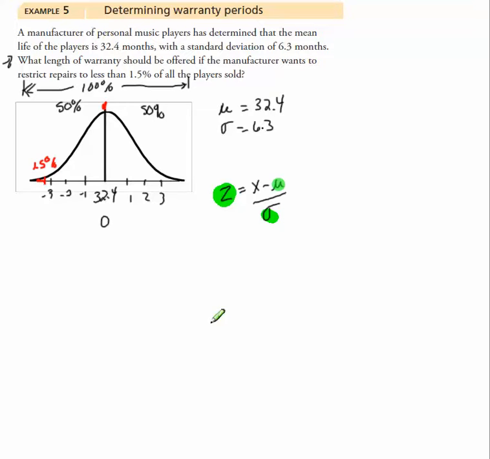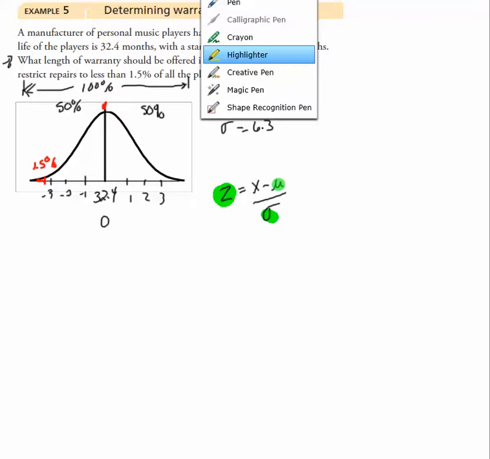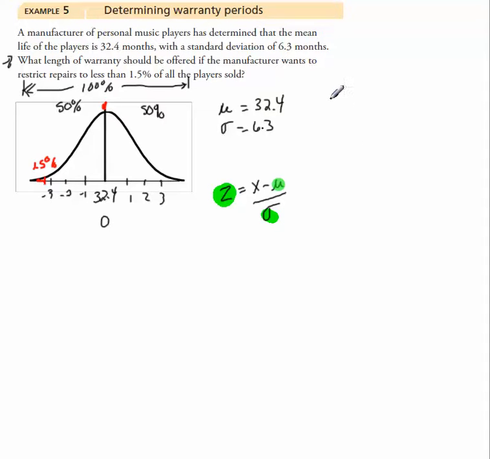So go to our table. Now it's 1.5%. So it's 1.5%.